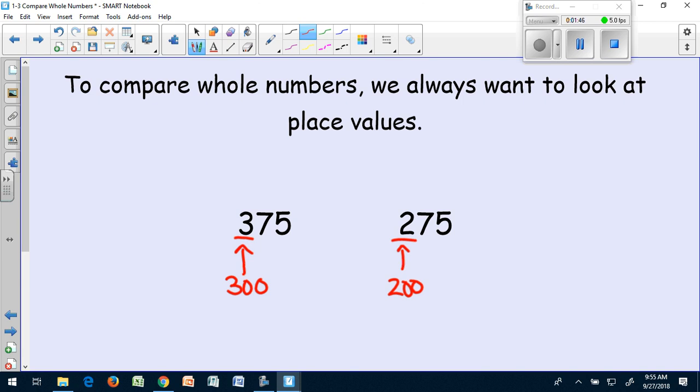So my symbol is going to be the greater than symbol. And the way I read this is 375 is greater than 275. I also want you to try underlining the digits that help you see which number is greater. Let's try another one.